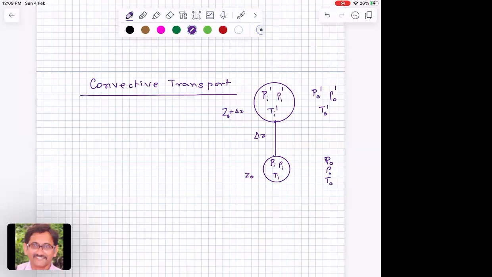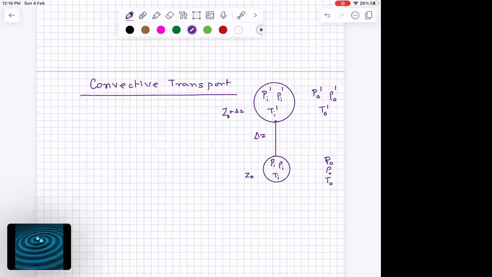For example, if there is no heat exchange when it moves, then when it goes up to lesser pressure, it will expand, but the expansion will be an adiabatic process. On the other hand, if the heat exchange with the surroundings is very efficient, then it will be an isothermal process. Is this clear?